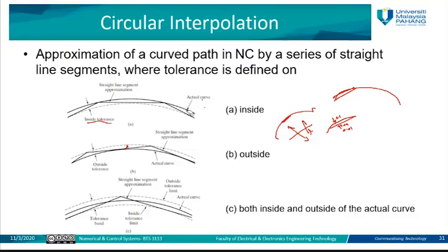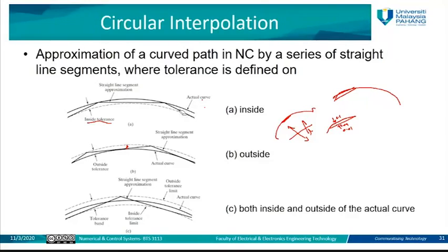It will not be exactly the same, because you can see here, the dashed one is the generated path when we connect the lines. This is the first line, the second line, the third line. If you compare the actual curve with the lines, there is a difference. This difference we call the tolerance. Tolerance is the difference between the actual value and the value generated by the circular interpolation.